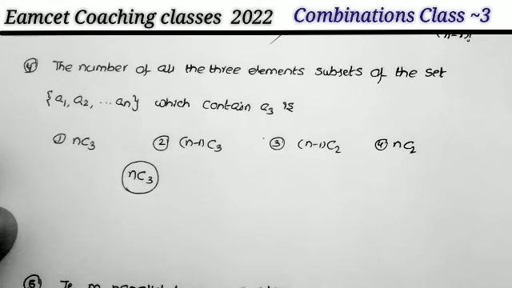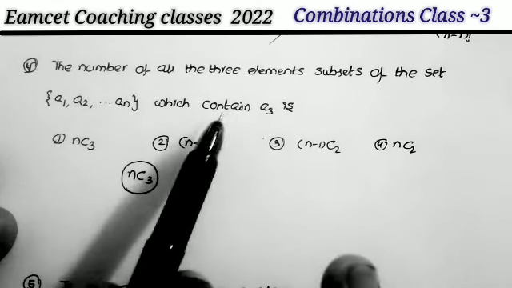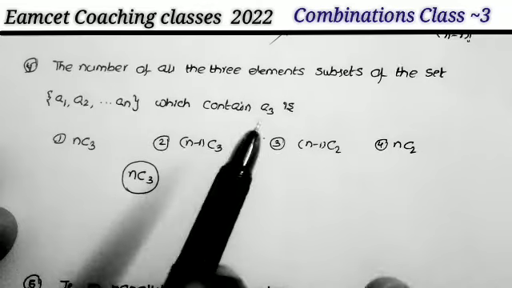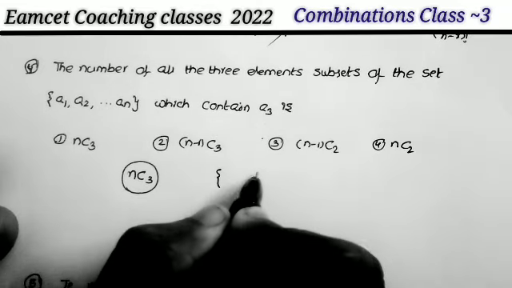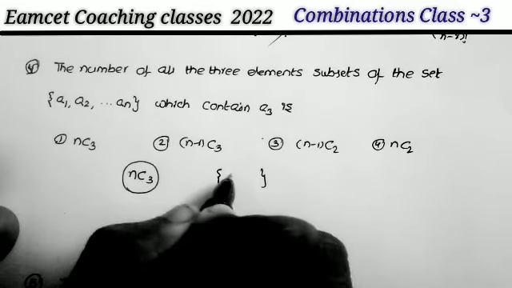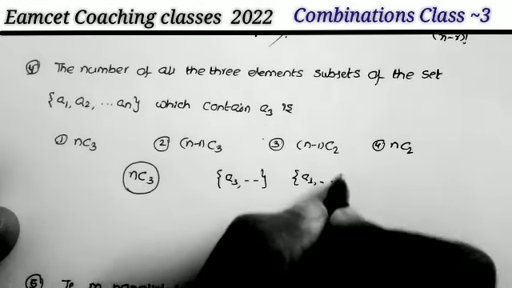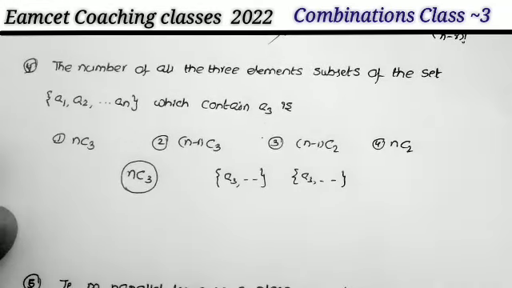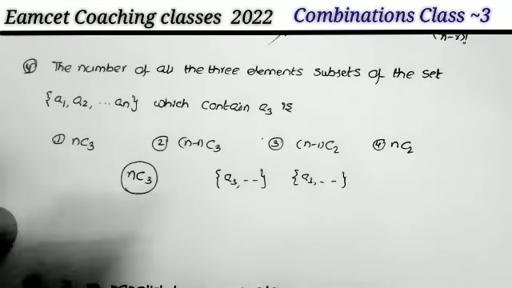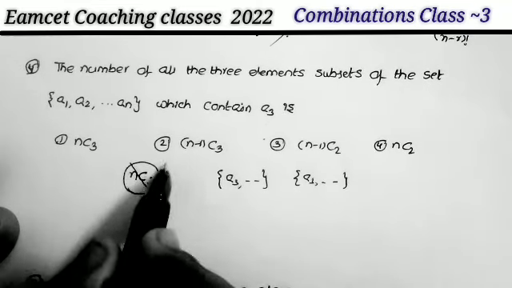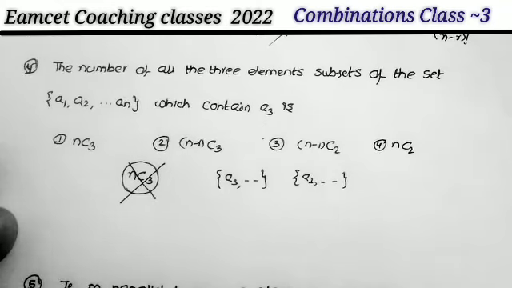But what is the condition given here? Which contains the A3 element? That is, already in every 3 element set, the element A3 is there. So this is not the correct answer. We don't need to select 3 elements here.